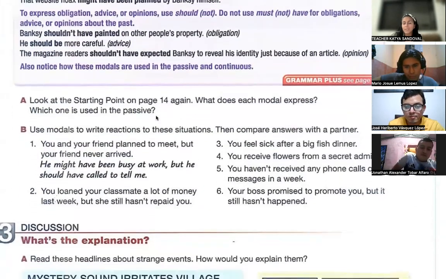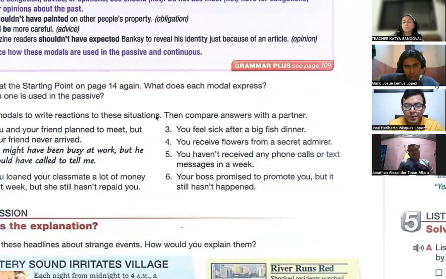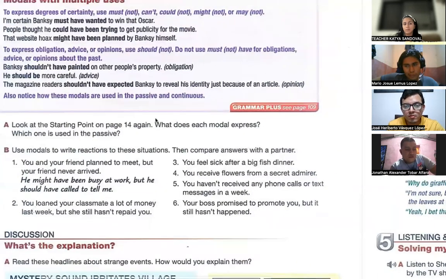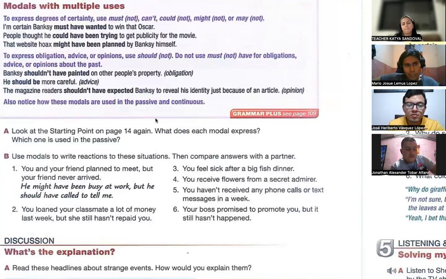So, number 6: your boss promised to promote you, but it still hasn't happened. I put your boss may have been lying to you. Totally agree, okay?